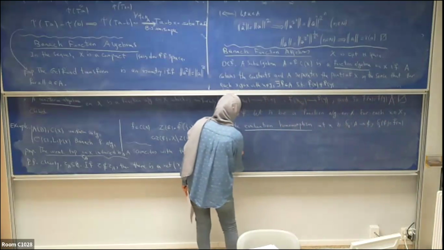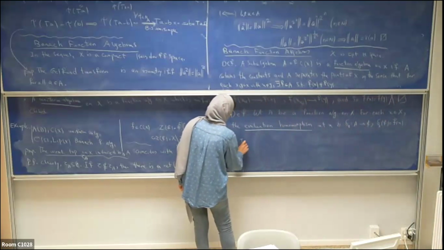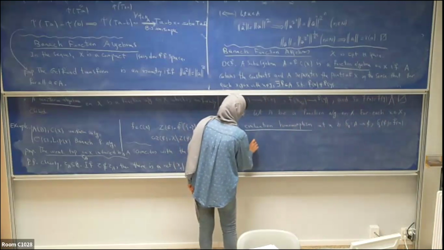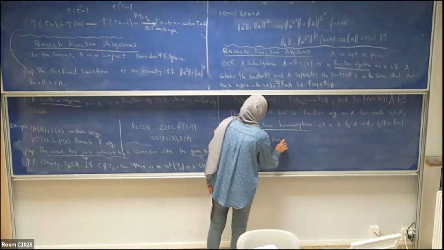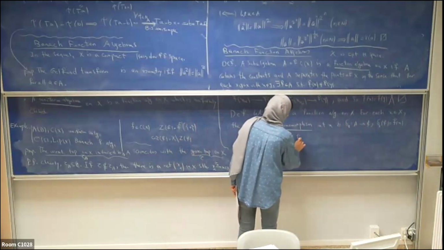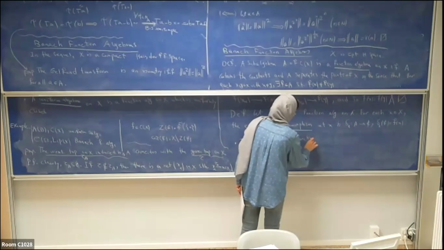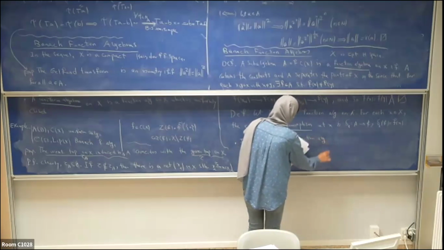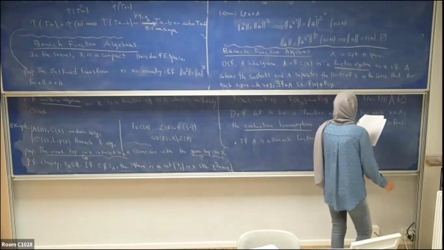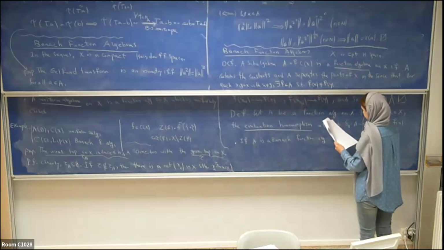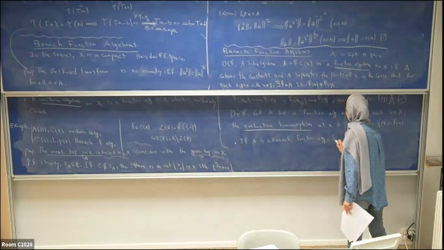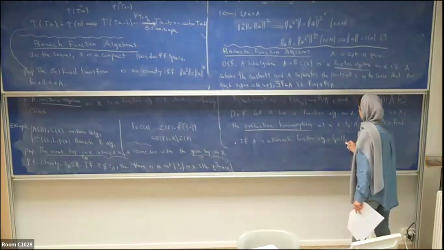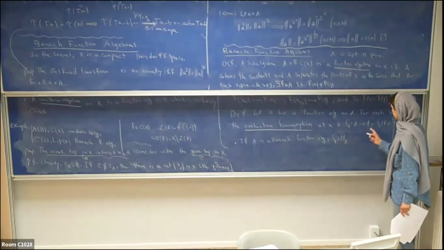And the second part: if A is a Banach function algebra, delta_x is in M(A), because this is a homomorphism.